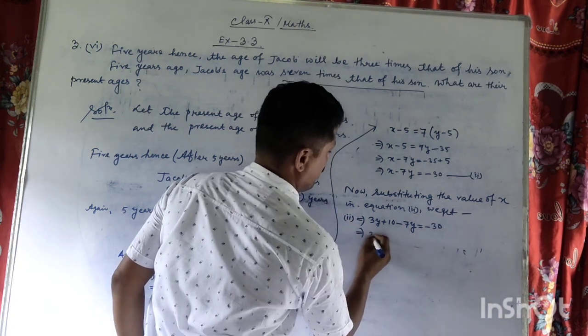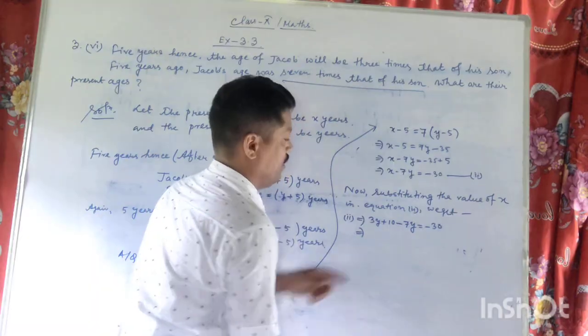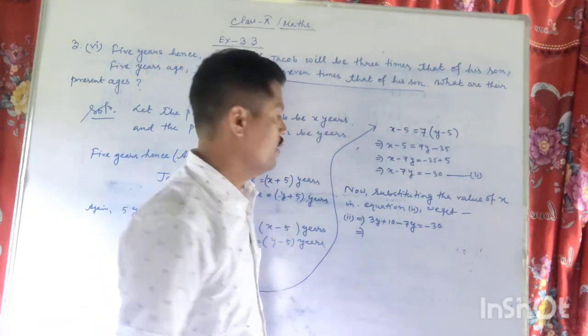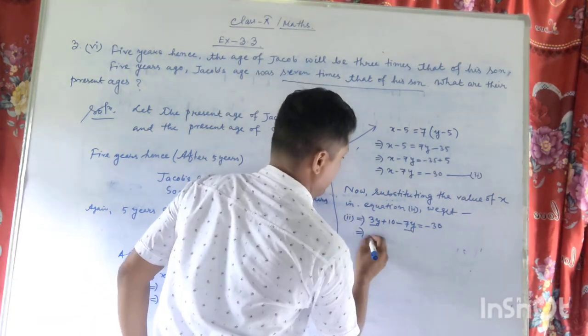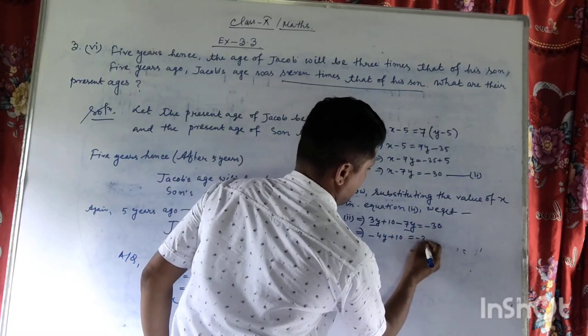So 3y is positive and minus 7y is negative. Then what will we get here? Minus 4y plus 10 is equal to minus 30.